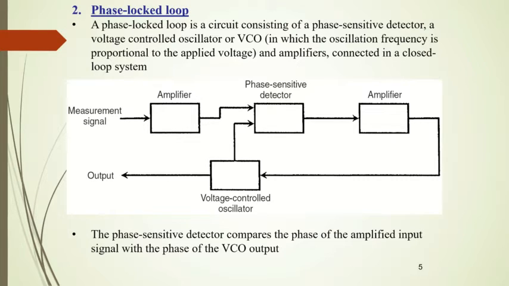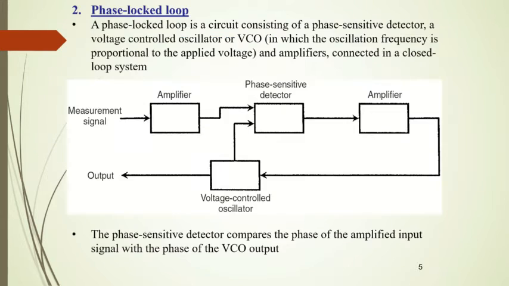Then another signal, which is an output from the VCO, is also fed into the phase sensitive detector. This detector compares the two phases, that is for the input signal and for the output of the VCO. If there is a phase difference, that is an error signal, and it's amplified and fed into the VCO.